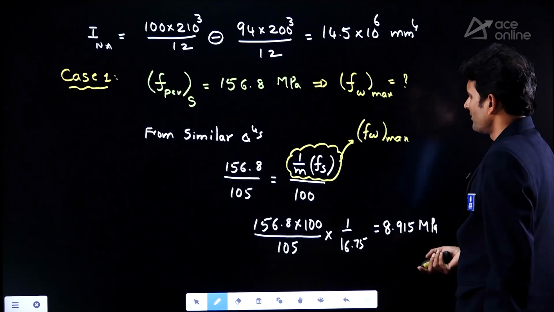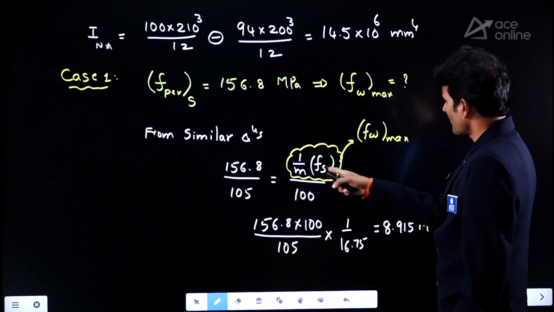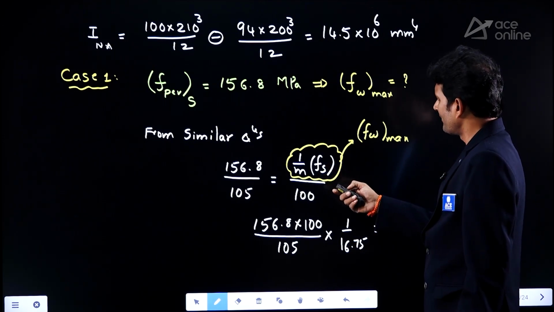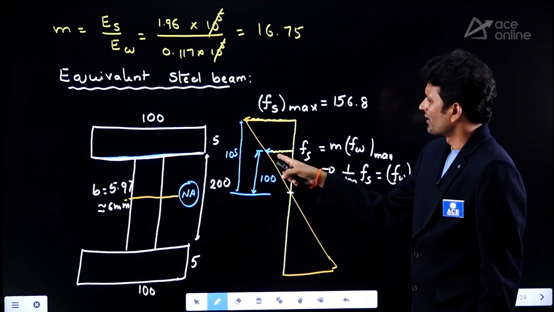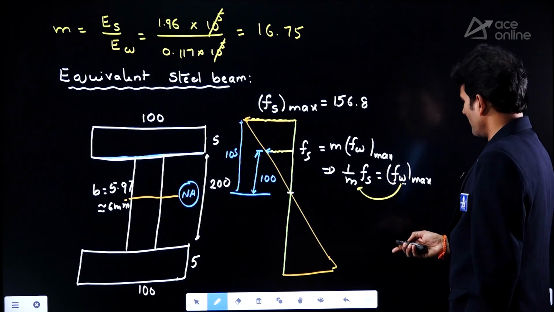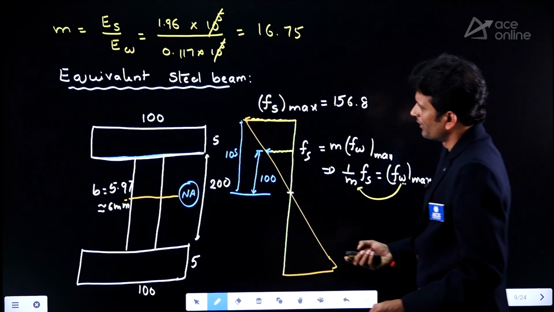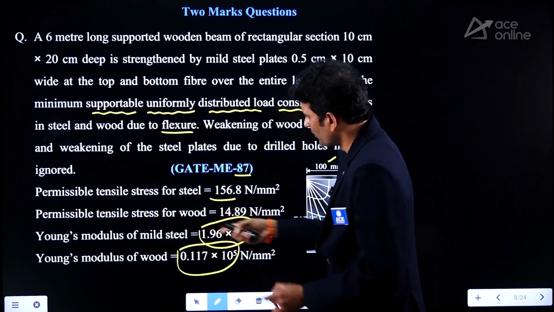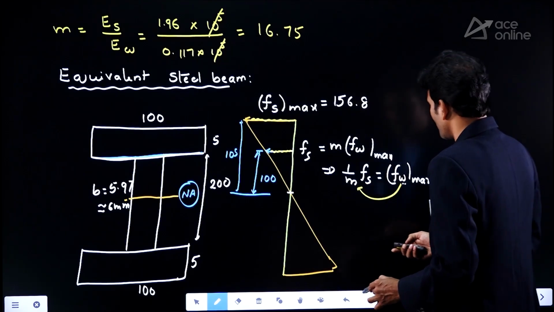Basically this is the stress available at the steel with respect to this layer distance, but I am converting that into Fw, that should be equal to Fw. So, compare this value with the permissible stress of the wooden part. The permissible stress of the wooden part, how much are you having? 14.89.